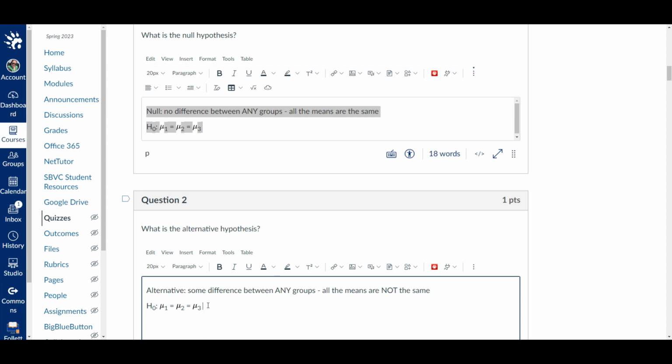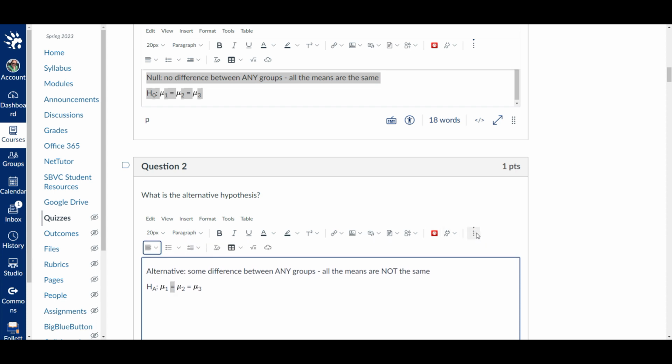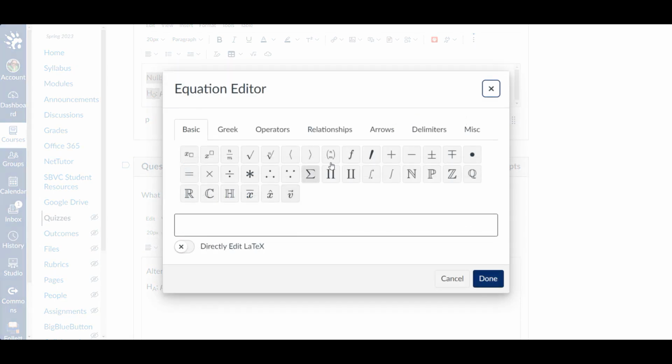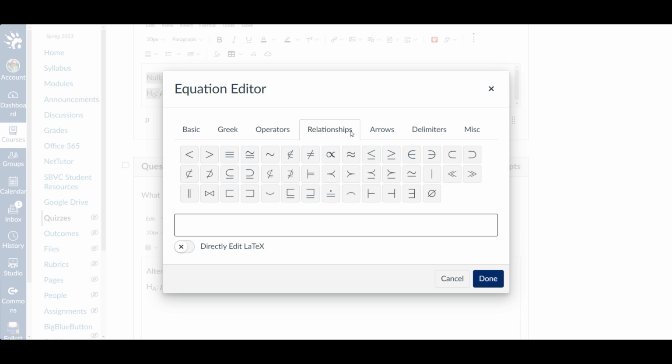Now, under our alternative, it could be that, I'm going to need to get my symbol here for not equals. Not equals.